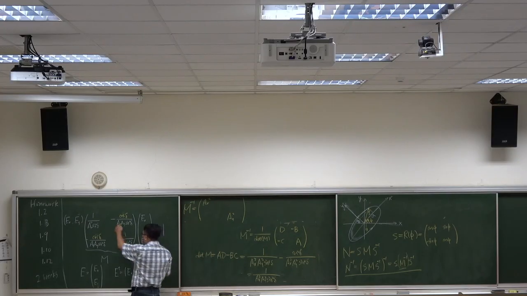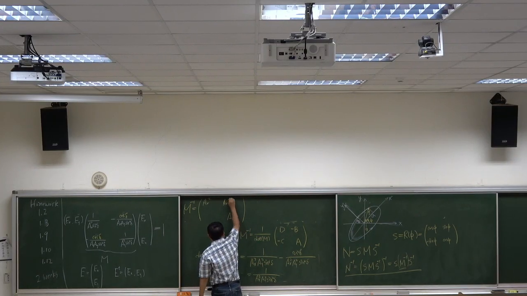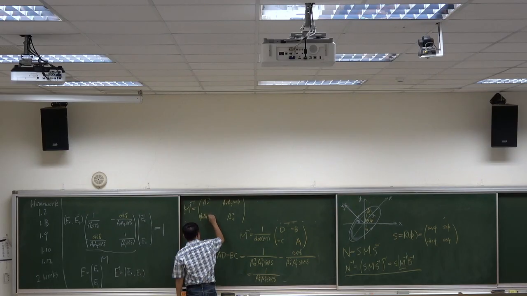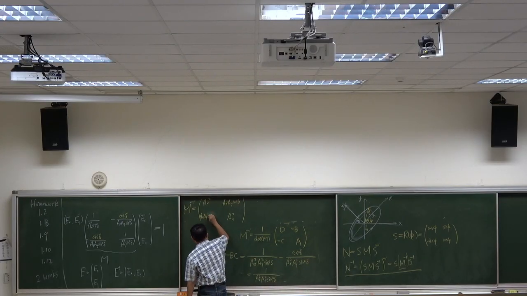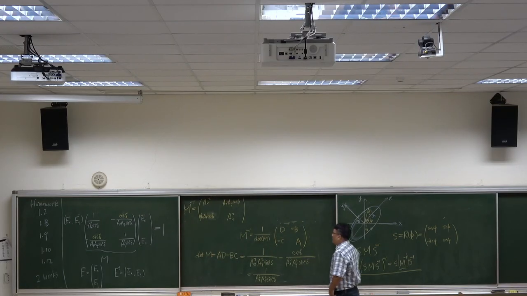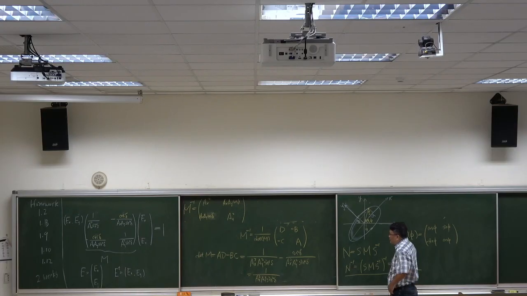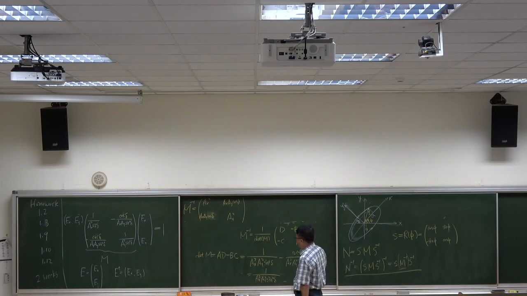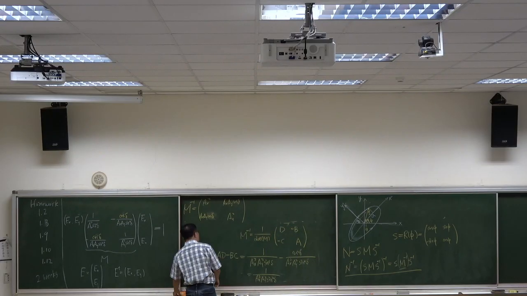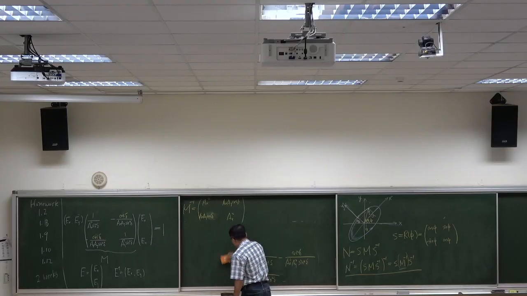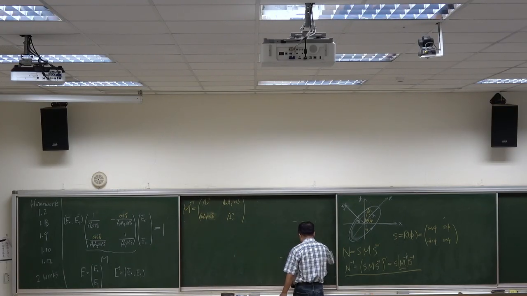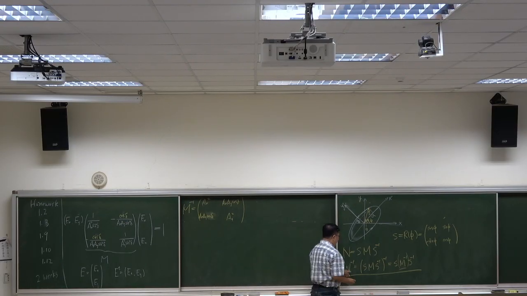And this times positive ax, ay cosine delta. Okay, now that we know this, the next step is to find N inverse.